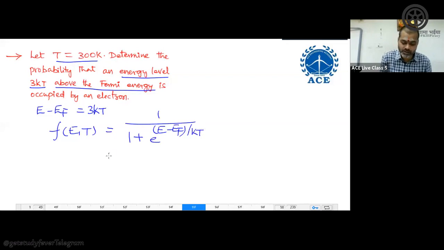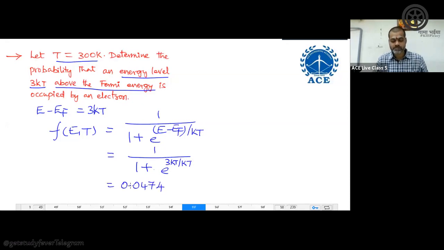So this is equal to 1 divided by 1 plus e power 3 kT divided by kT. Calculate this value, and you will get 0.0474.